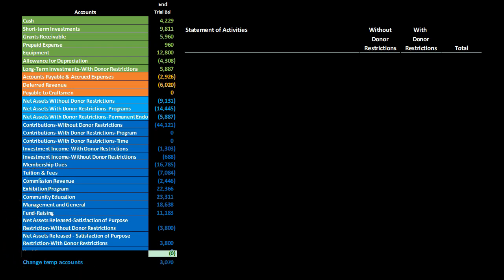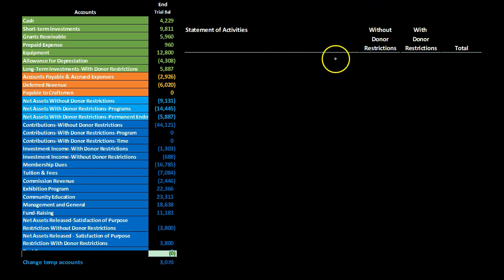However, with the statement of activities here, we have the added problem of breaking out the statement of activities between those with restrictions and those without restrictions. So you can see that that's going to be broken out in the trial balance with the wording. The wording has contributions without restrictions, contributions with restrictions. Within the statement of activities, it'll actually be a bit more clear because we'll be able to break this out instead of in one column into multiple columns.